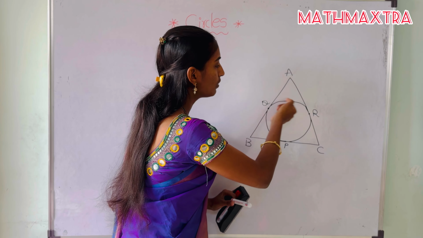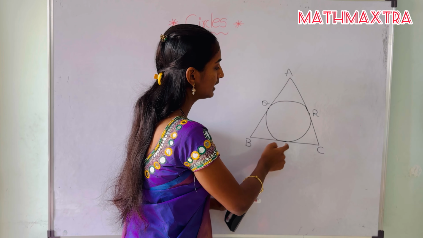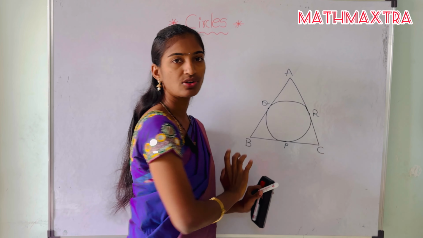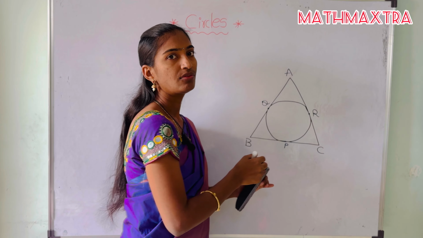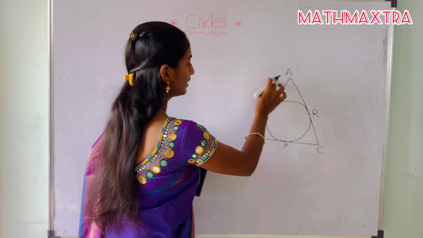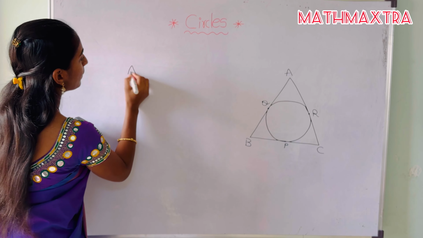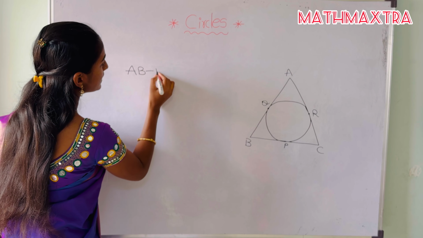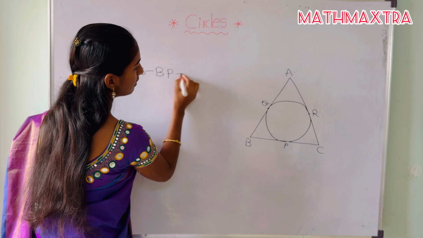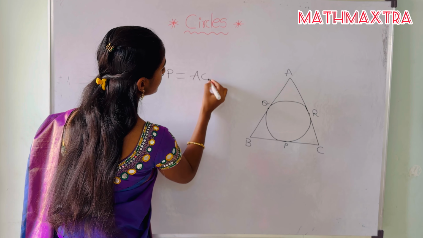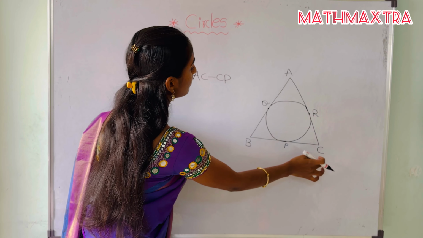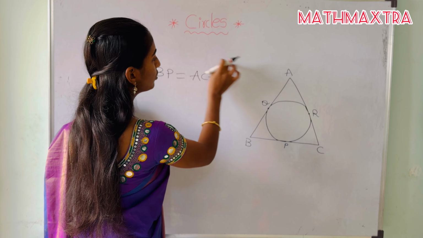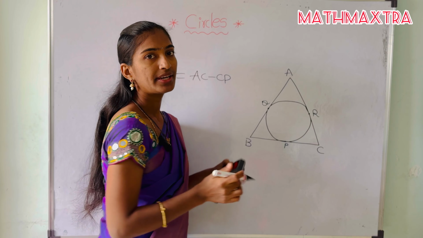Now if this is the case, we can easily observe that AB minus BP is always equal to AC minus CP. This we have to prove by this triangle.